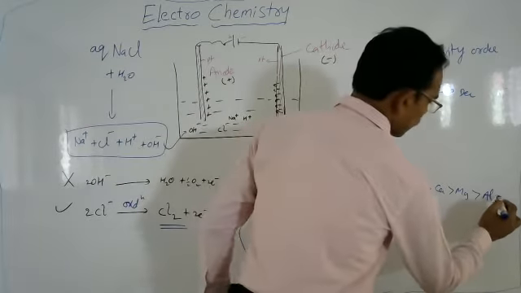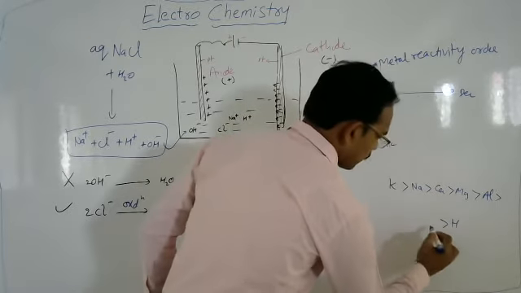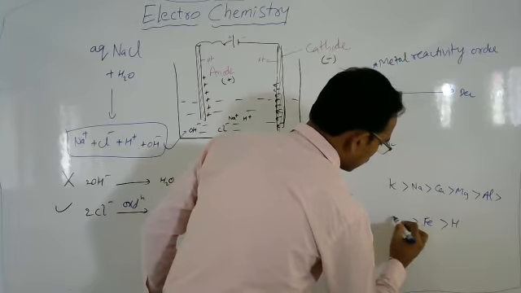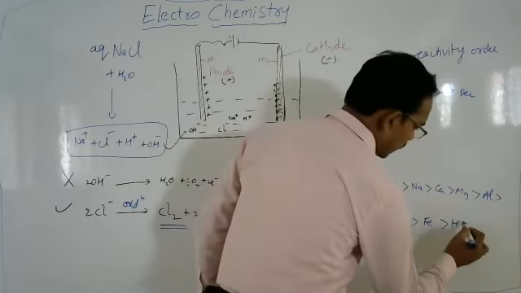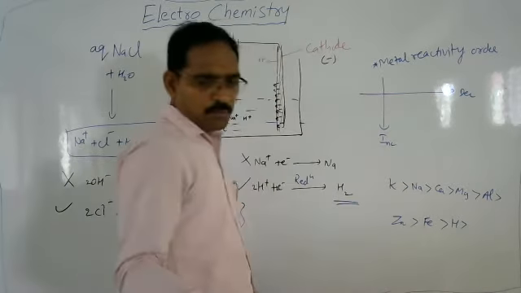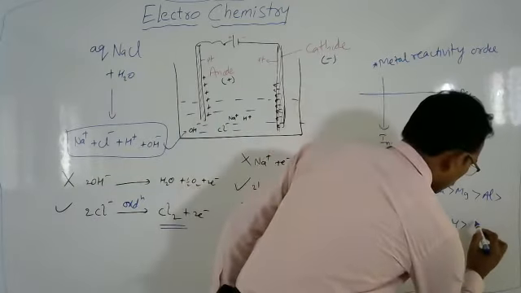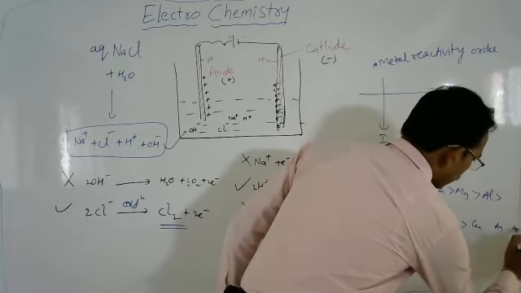Similarly, hydrogen is there, hydrogen before iron before zinc. Then after hydrogen, generally copper, silver, gold.